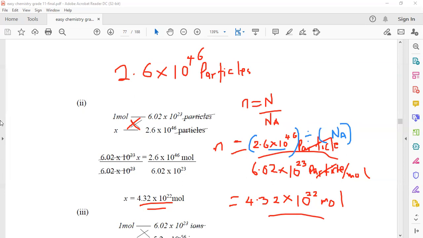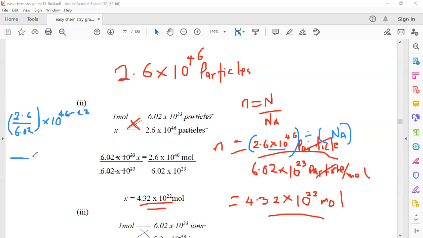Or you can use the law of indices. So if you're using the law of indices, you say 2.6 divided by 6.02 separately, then times 10, same base. When you're dividing, you subtract the powers. So when you're subtracting, this will be 46 minus 23.